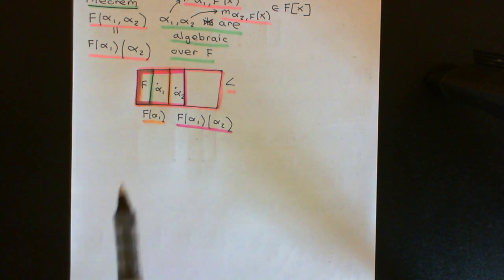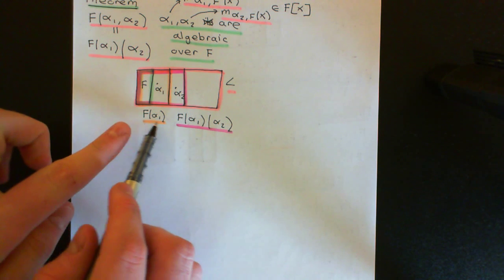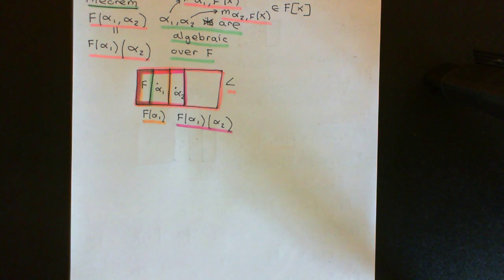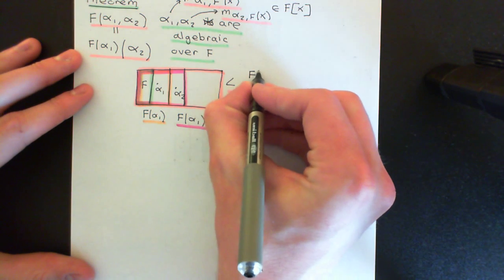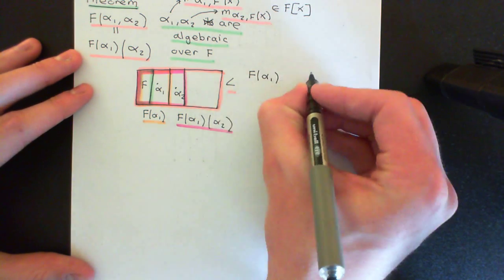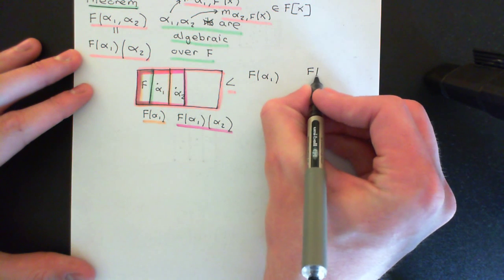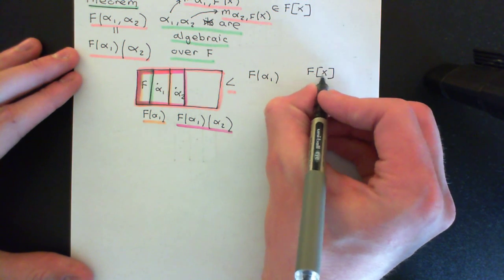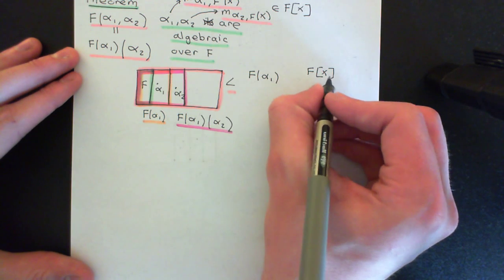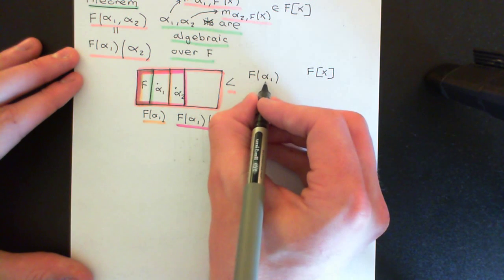Now that gives us an absolutely beautiful understanding of this thing here, the field generated by alpha 1 over F. Okay, we've studied this in the video on field extensions, and we've studied this in the video on algebraic field extensions. We know that if you want to construct that thing, then all you need to do is go through all of the polynomials in the ring of polynomials over the field, and evaluate every last one at this element alpha 1.